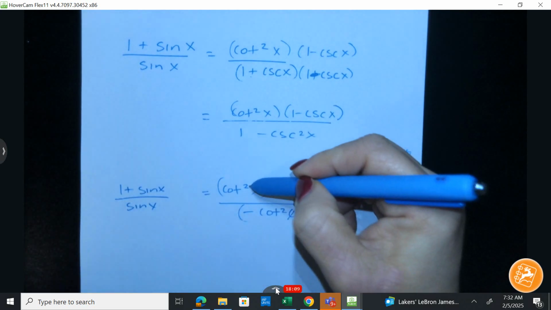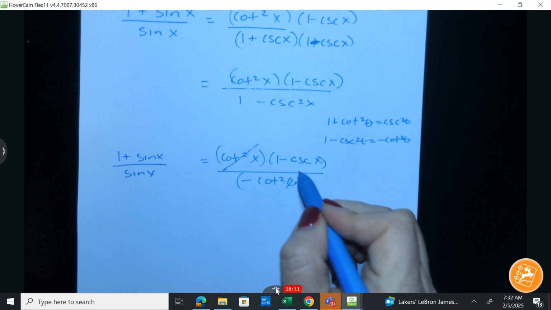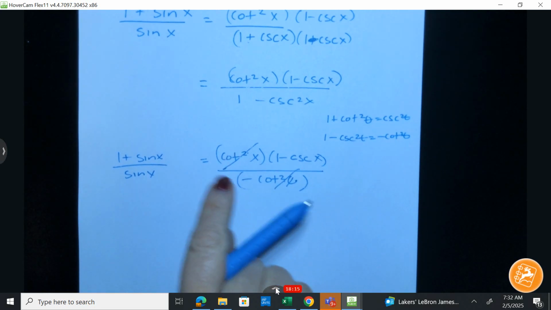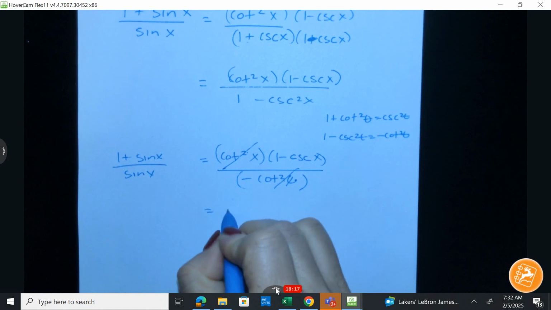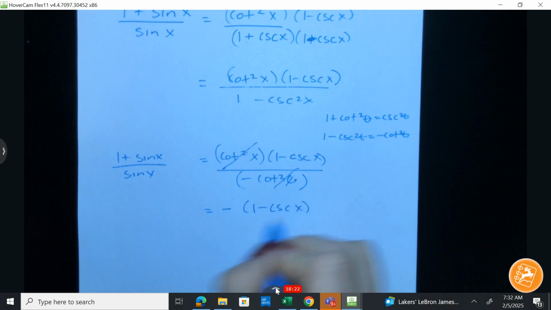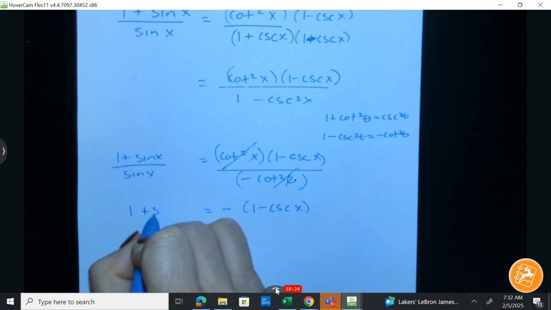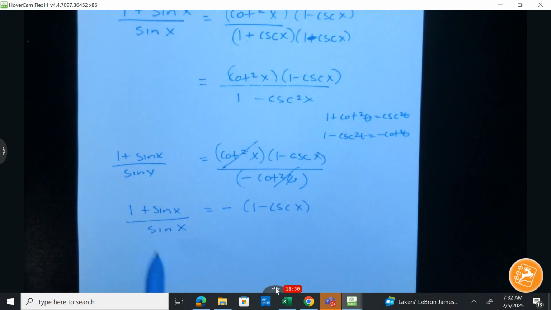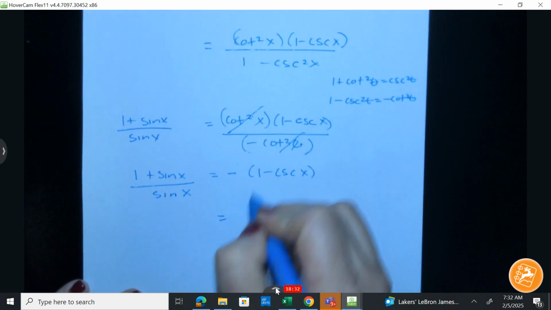All right, well, the cotangent on top and the cotangent on the bottom are going to cancel. The negative sign does not cancel. So this negative sign could go on top, on the bottom, or out front, however you want to handle it. I'm going to put it right there on top. Now another way to write this, let's distribute this, by the way.